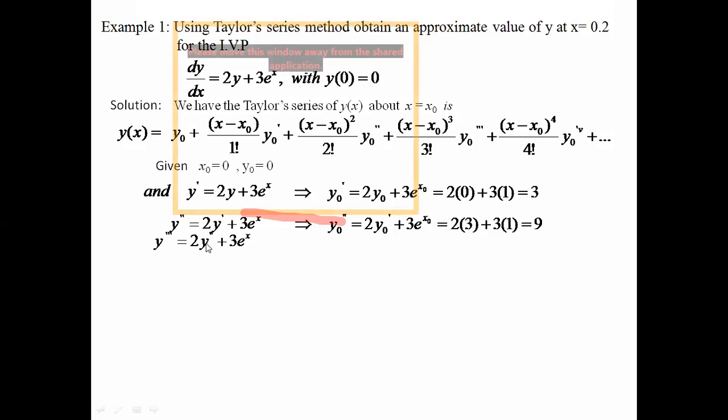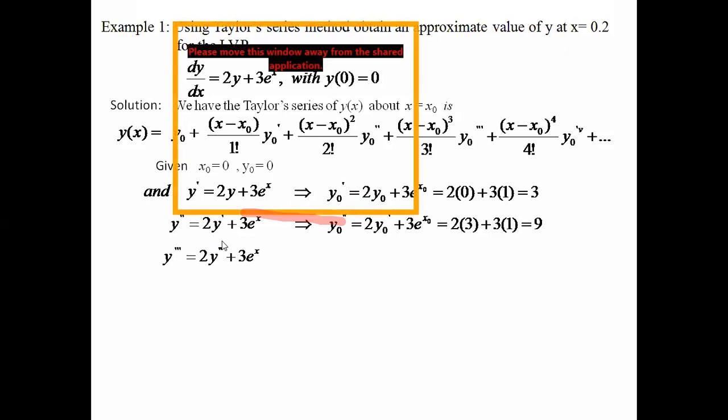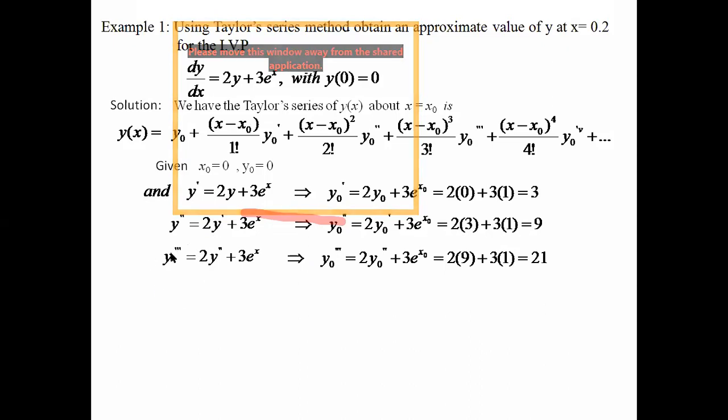Next, go to the third derivative. Third derivative means differentiate the second derivative again with respect to x. So it gives 2 times the derivative of y dash, which is y double dash, plus 3 into the derivative of e power x, which is e power x. So y triple dash is given by 2 times y double dash plus 3 times e power x. As usual, find the value of this third derivative at x is x naught, y is y naught.